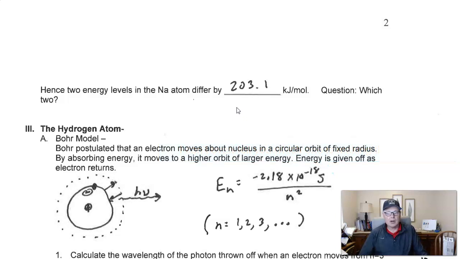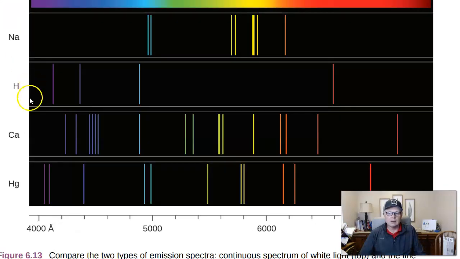We've also got another problem here. Here are the spectra for sodium. Here's hydrogen, here's calcium, and this is mercury right here. Do you think the energy levels and their spacings are exactly the same in all four of those atoms? Yes or no? Why or why not?